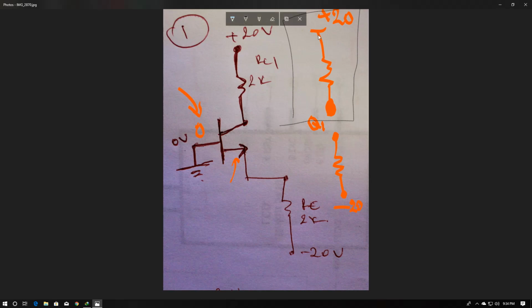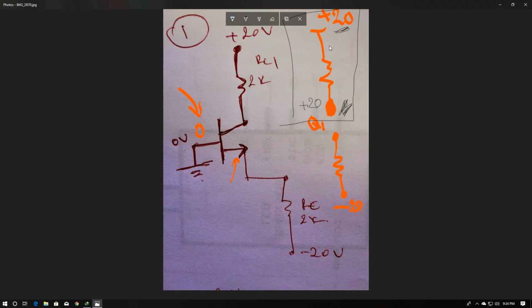Since it's open here, there's no current flow, so the voltage at this point and the voltage at that point will be exactly the same. So here you're gonna see plus 20 volt too at this point because there's no current flow this way.